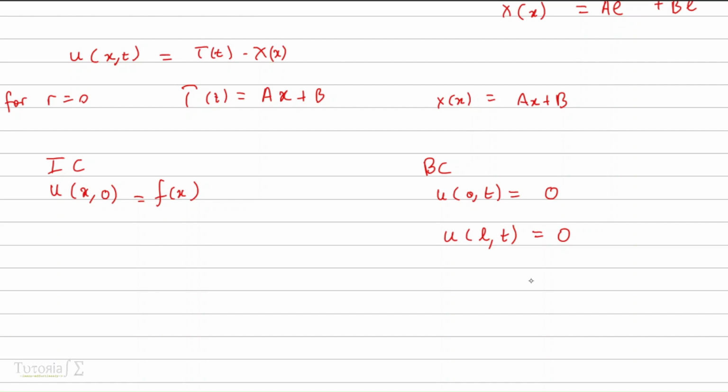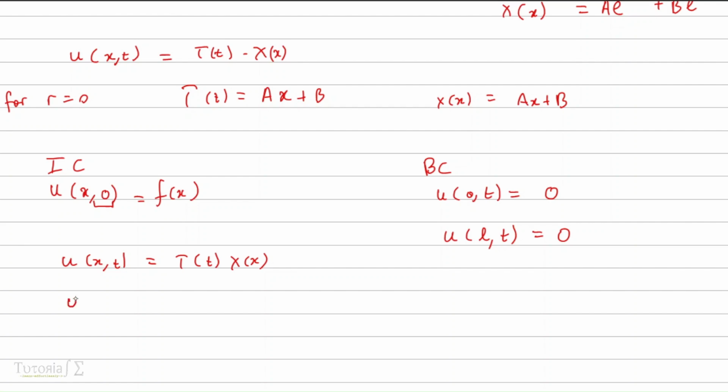Now what does this tell us? u of 0 comma t is equal to 0. Given our equation, u of x comma t equals T of t times X of x, when applying the conditions, where there is t, we put t, where there is x, we put x.